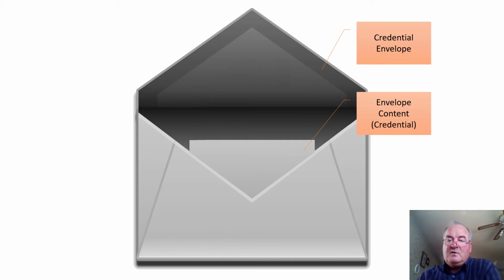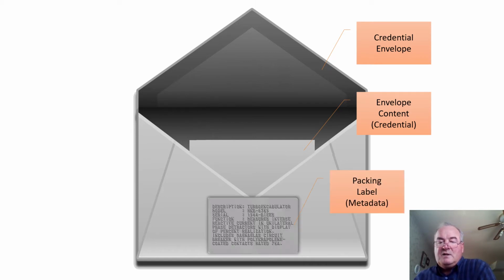Once the envelope content, the credential, has been placed inside the credential envelope, you can attach a packing label. The packing label is, I say just metadata, but it's some specific elements of metadata that aren't formally part of the credential or the envelope content itself.